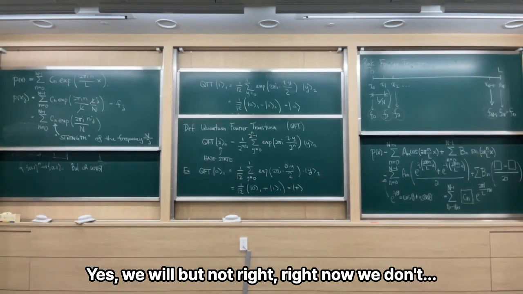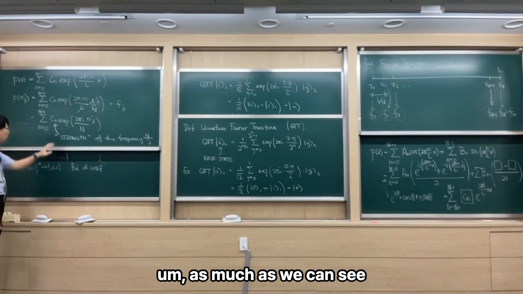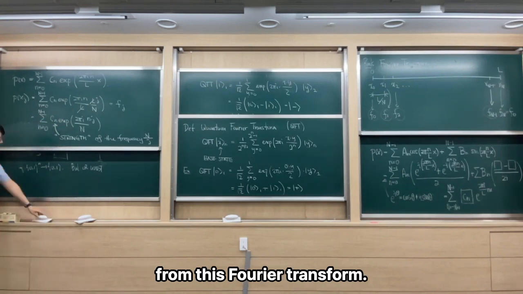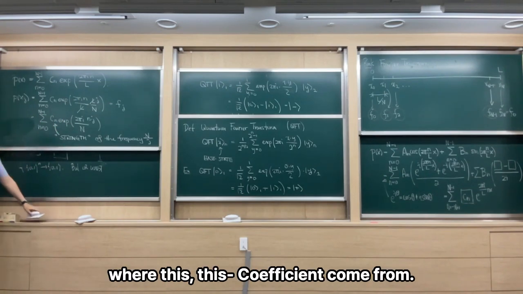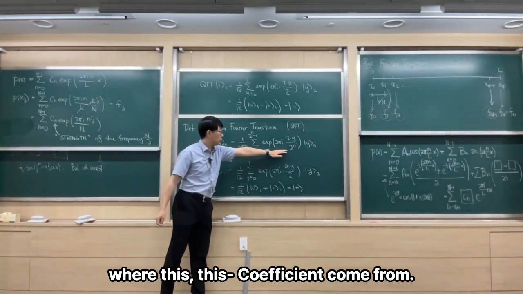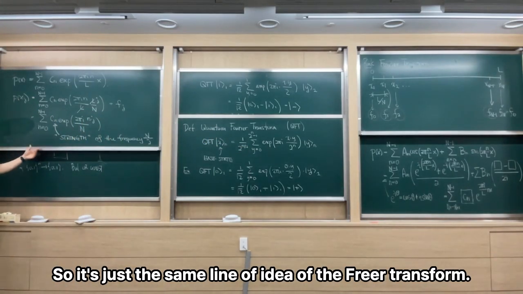Yes, we will, but not right now. We can't really see it as much as we can see from this Fourier transform. But you can see the idea where this coefficient comes from. So it's the same line of idea of the Fourier transform.